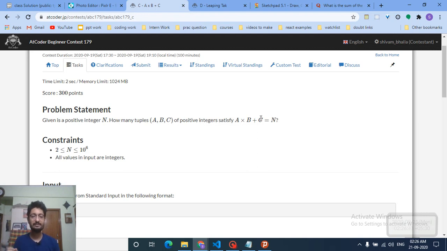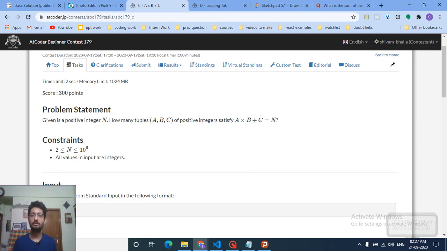But you can see that I can combine it and iterate over A and B. What does this mean? I can iterate A from 1 till 10 to the power 6, but I will iterate B such that if A is equal to 1, then B iterates from 1 to 10 to the power 6. But if A is equal to 1000, then B only iterates over 1000.